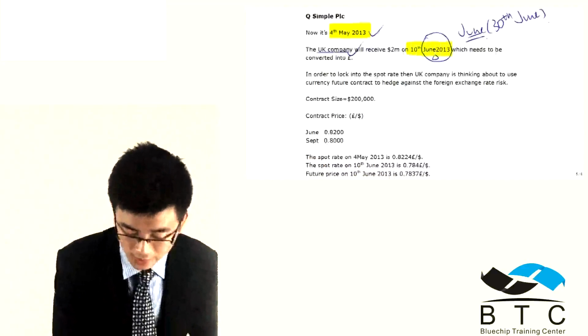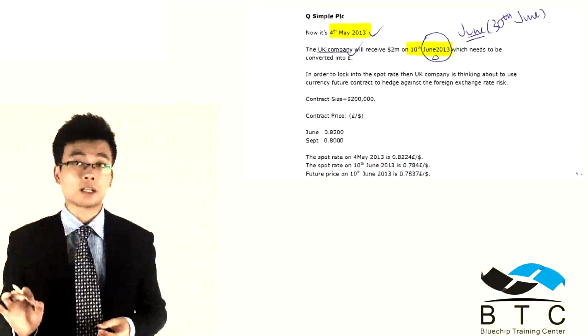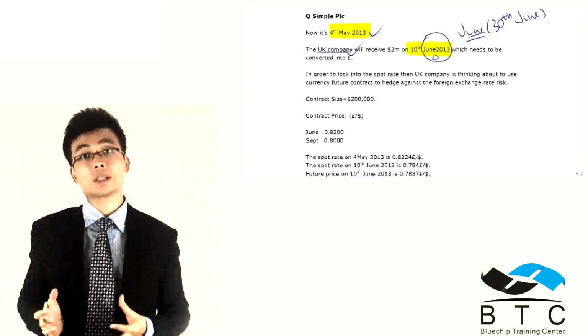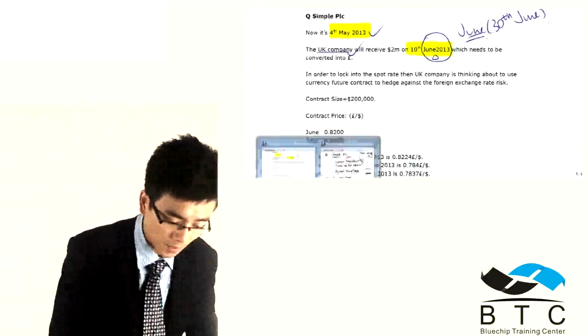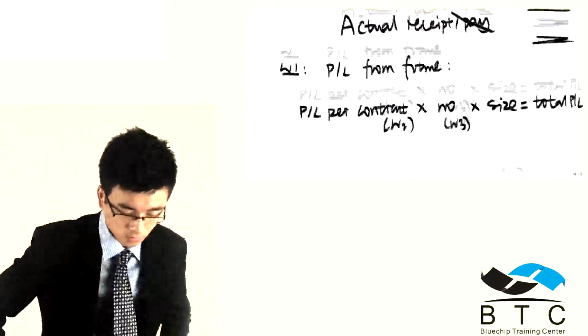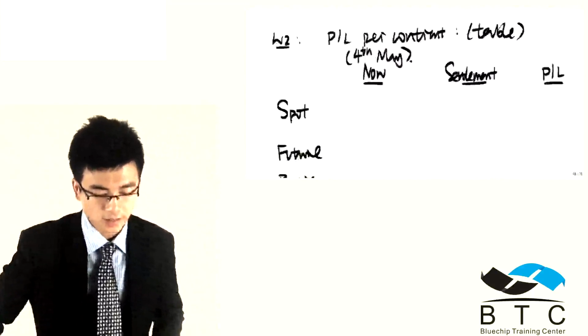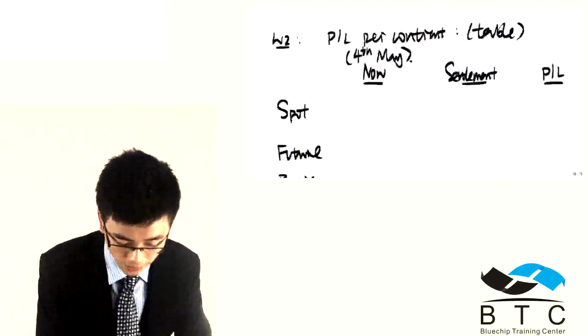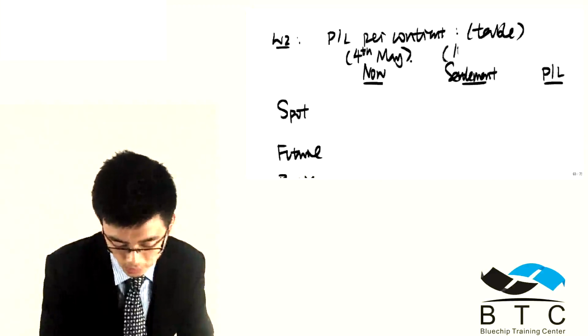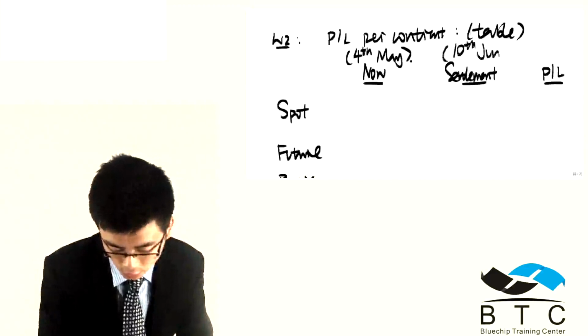Because on this date, on 10th June 2013, we're going to receive $2 million, needs to be converted into the UK pound. So from that perspective, in the settlement date into your working number 2 over here, your settlement date would be your 10th June.